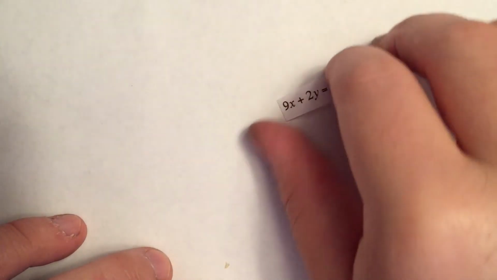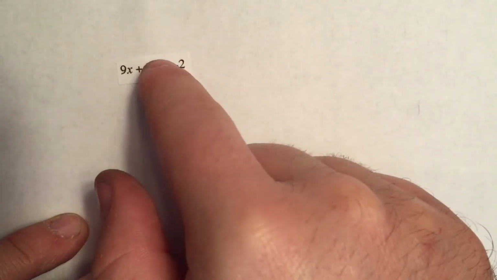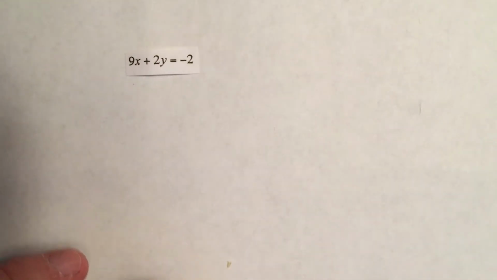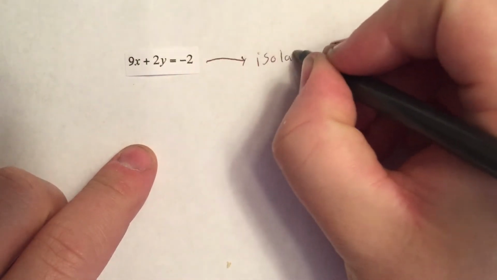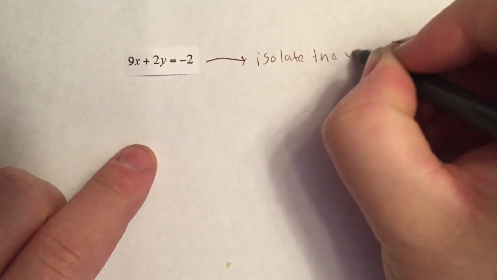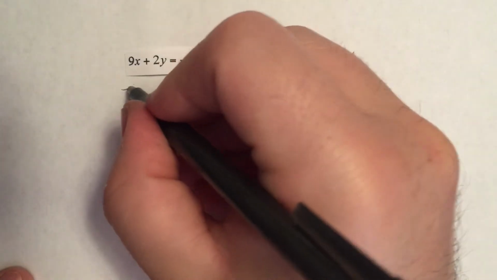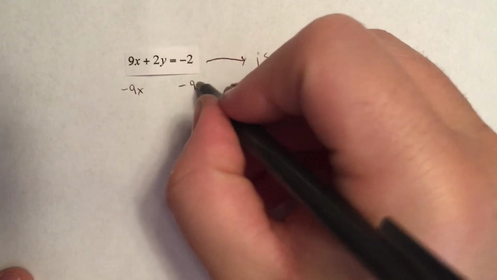Okay, now we're trying to find the equation. If we're given standard form, can we create slope-intercept form? Well, yes, we can. All we have to do to create that slope-intercept form from this standard form is isolate the y. Okay? We're going to subtract 9x from both sides.